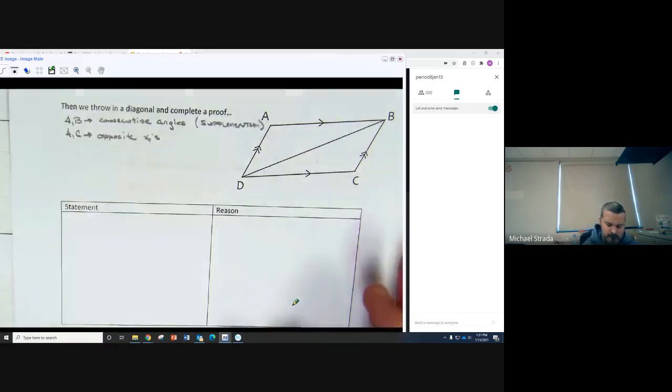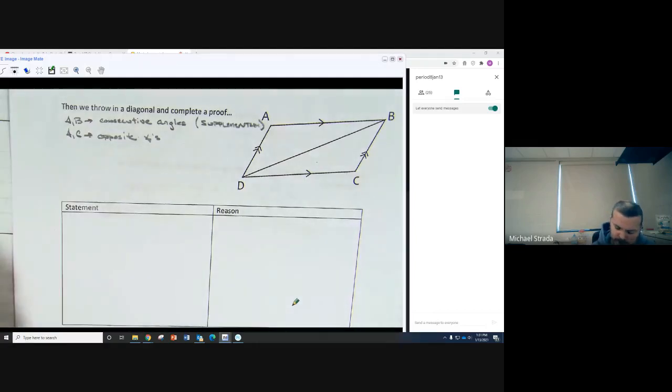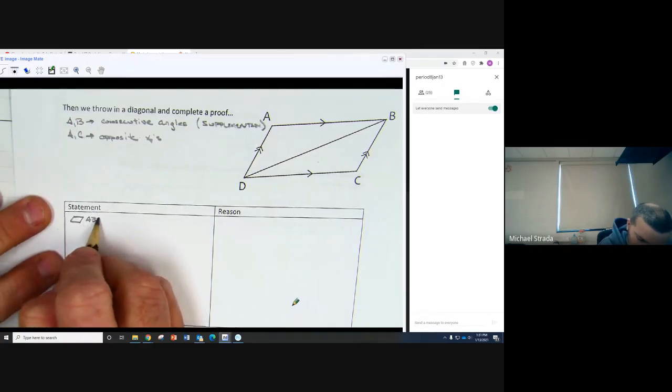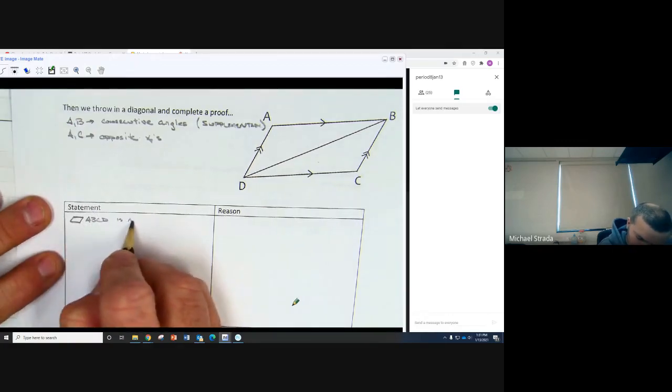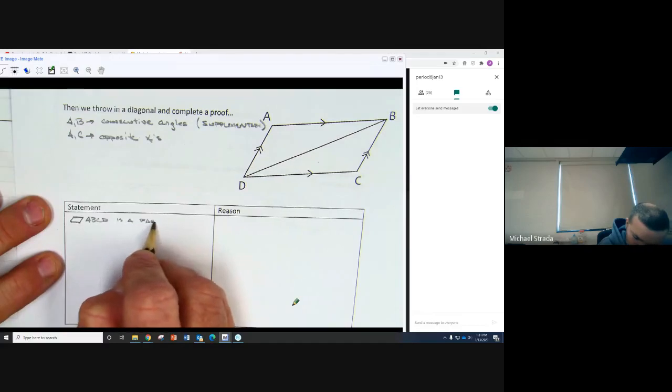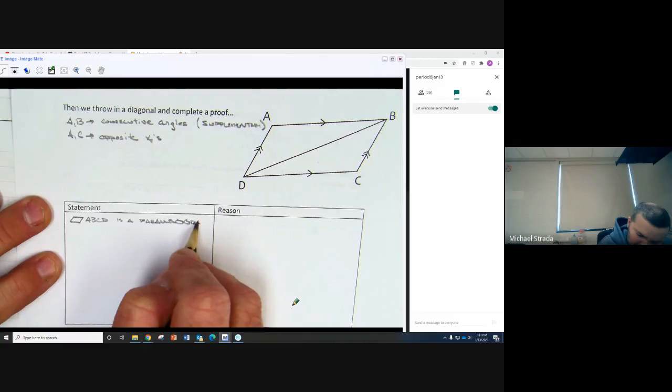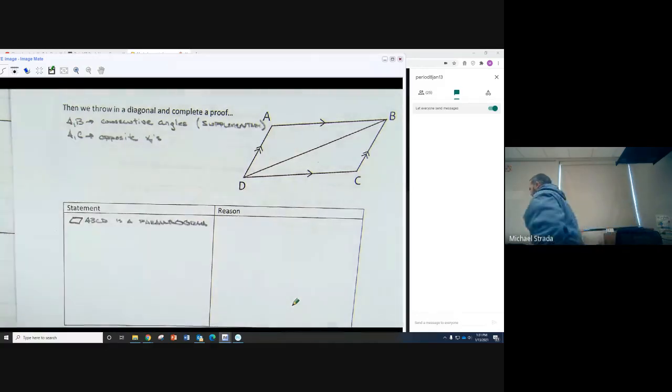So basically, we'll start this proof with this statement. ABCD is a parallelogram.